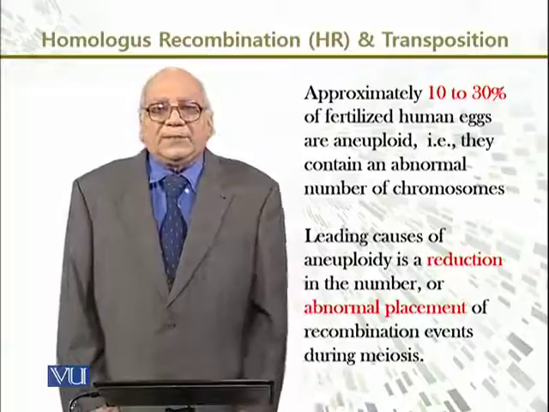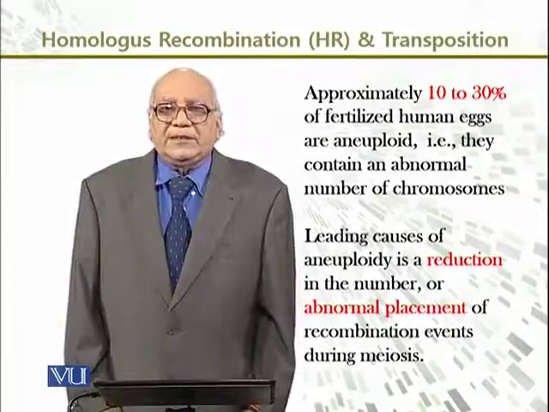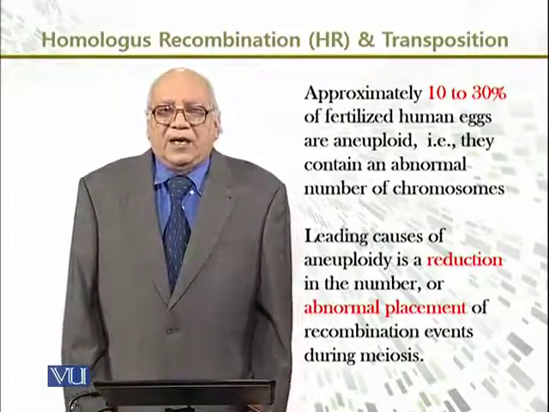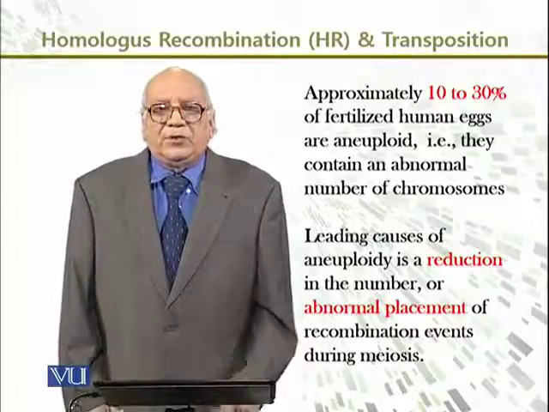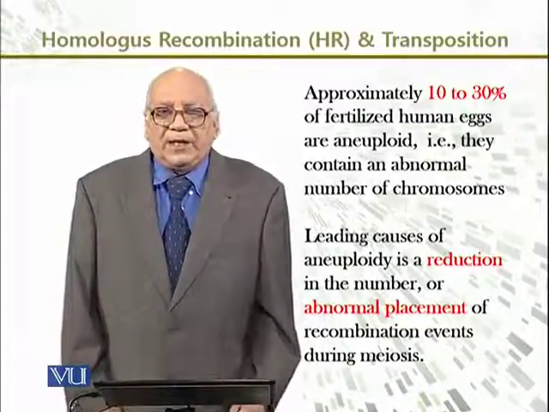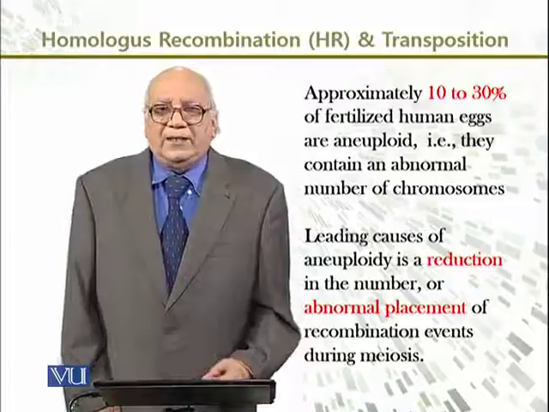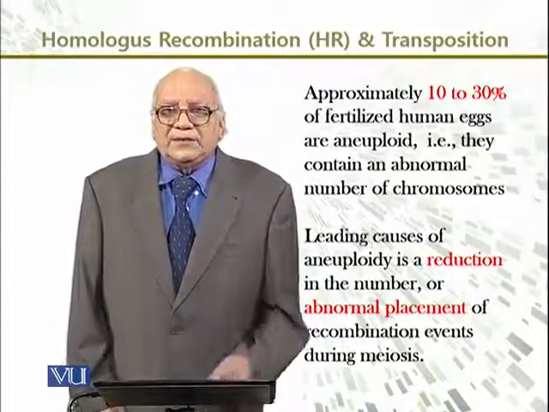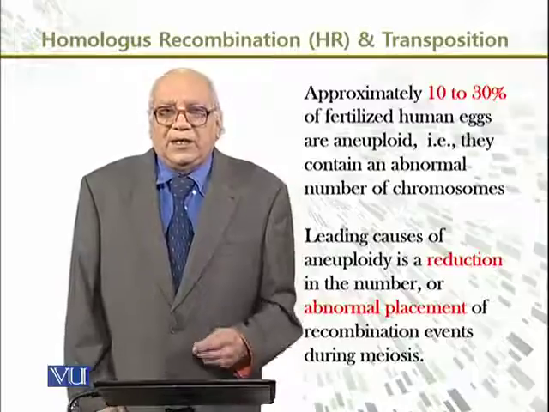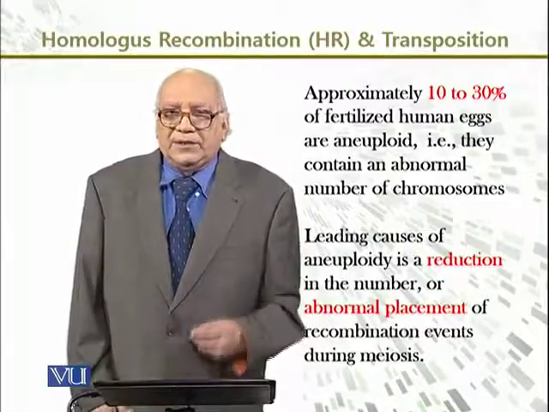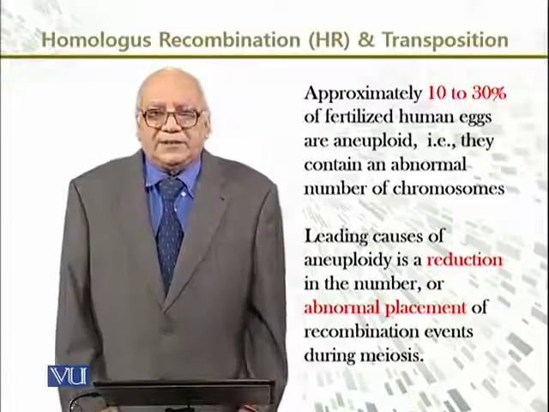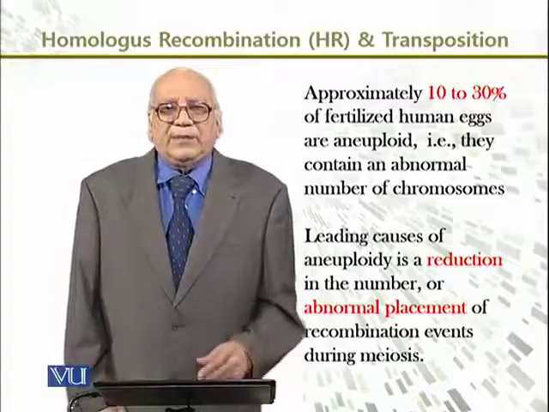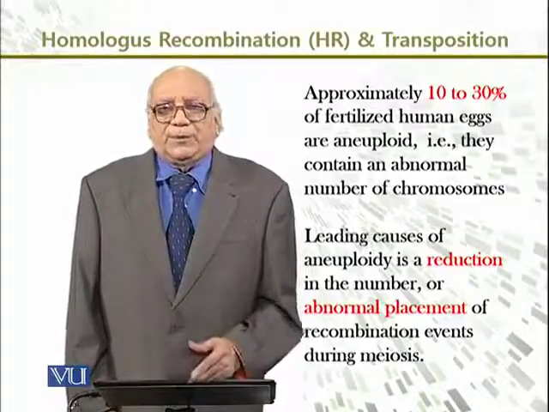Now, approximately 10 to 30% of fertilized human eggs are aneuploid. What is aneuploid? Aneuploid cells contain an abnormal number of chromosomes. You see, in homologous recombination, there are chances that abnormalities are produced.